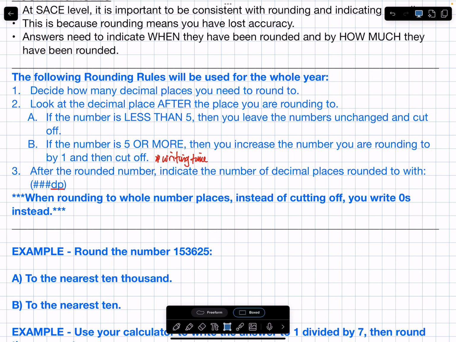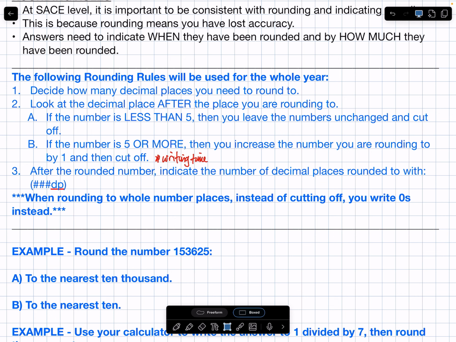These are rounding rules. Step 1, decide where you're going to cut it off to. Step 2, look at the number after where you're cutting off. If it's less than 5, don't do anything.